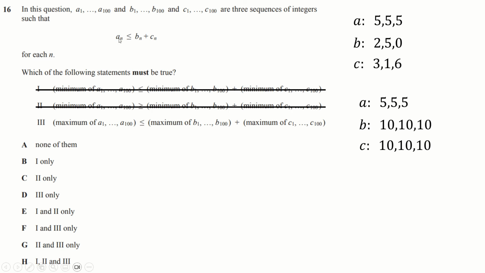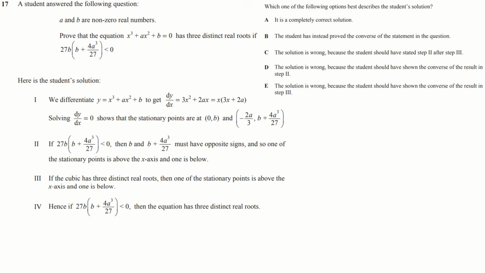And sure, you might be able to make this bigger, but you can't make it any bigger than its corresponding value. So you kind of get into this loop where you have A5 less than B5 plus C5. You can try and make this bigger by choosing the maximum of the A list. But the maximum of the A list is still smaller than its corresponding B and C list. So this I think just has to be true by some vague logic, and we'll end up with 3 being the only one that we're going to go for.